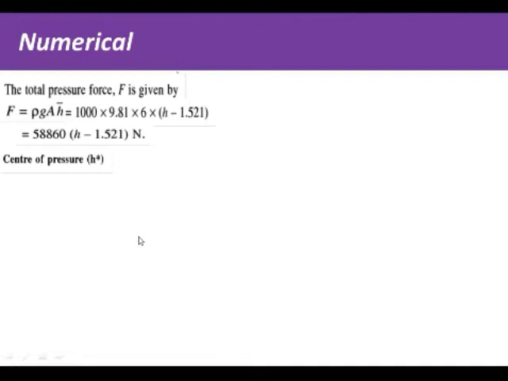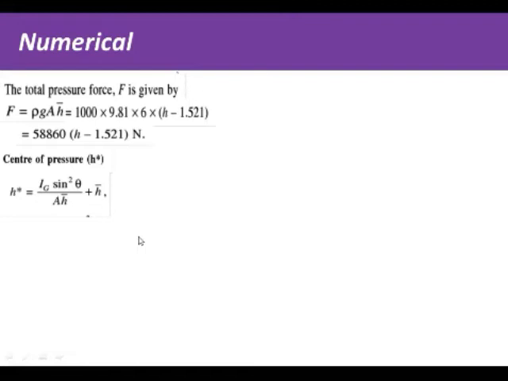After that, next we will find out the depth of center of pressure. So we know the formula: H star is Ig sin square theta upon A H bar, plus H bar.